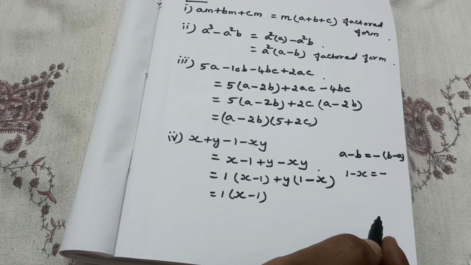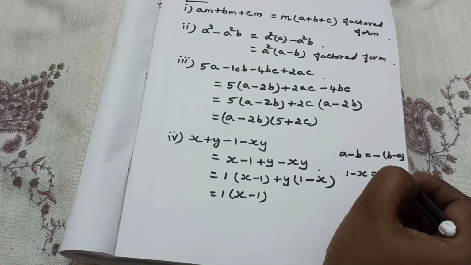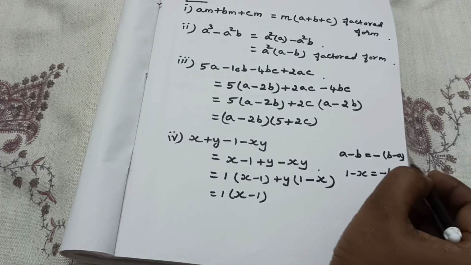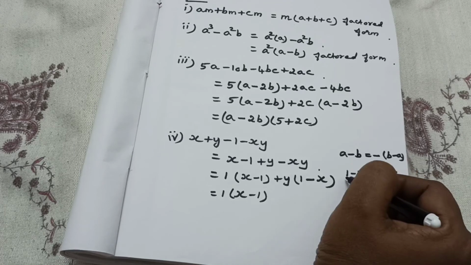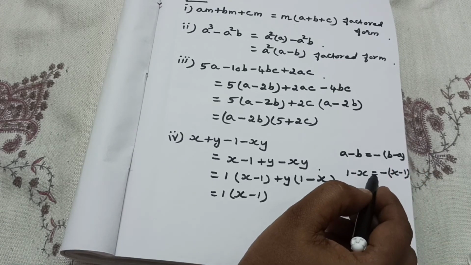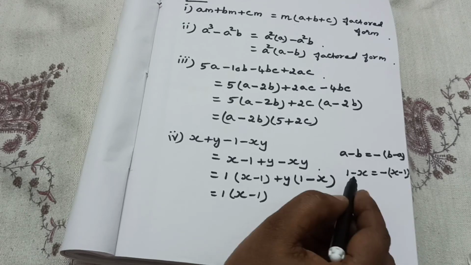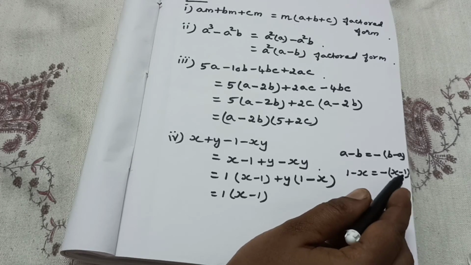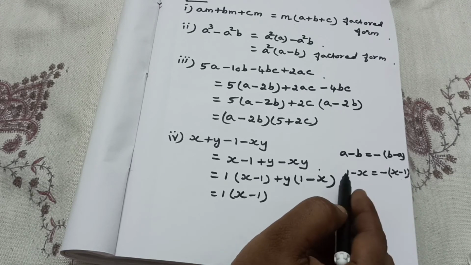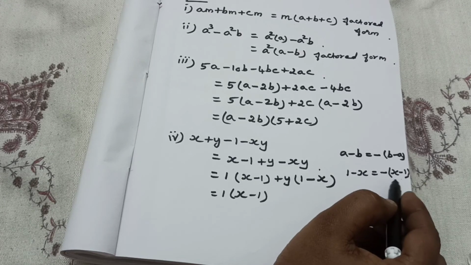Minus 1 minus, we have to multiply. Okay? Minus what? b. b means second term, isn't it? Okay? This x minus this 1. Now shall we check? This is equal to minus x, here minus x, minus into minus is plus. Okay? Then 1 minus x only we can write like this.